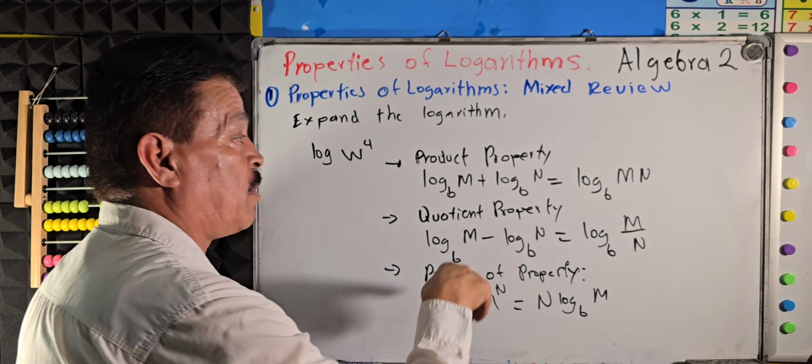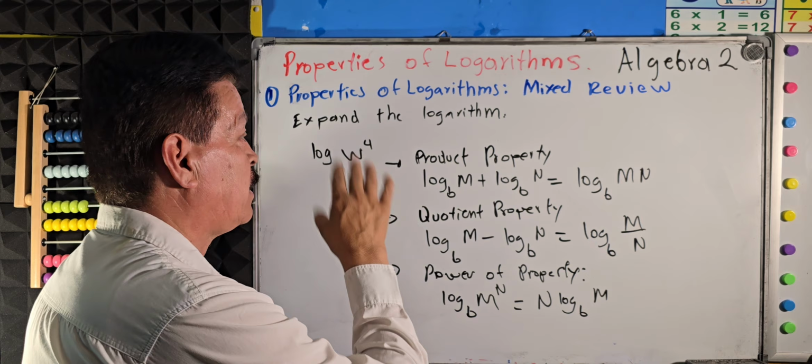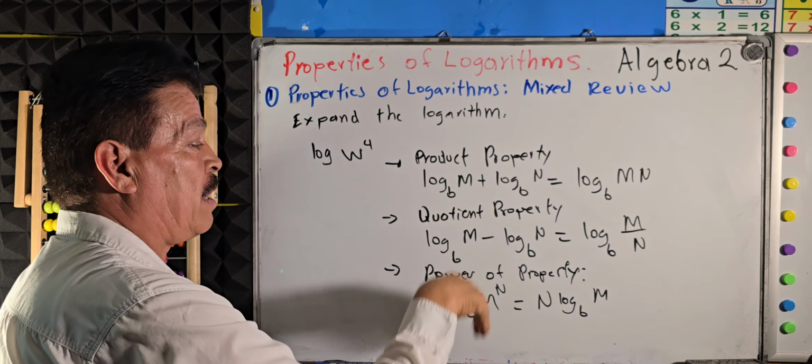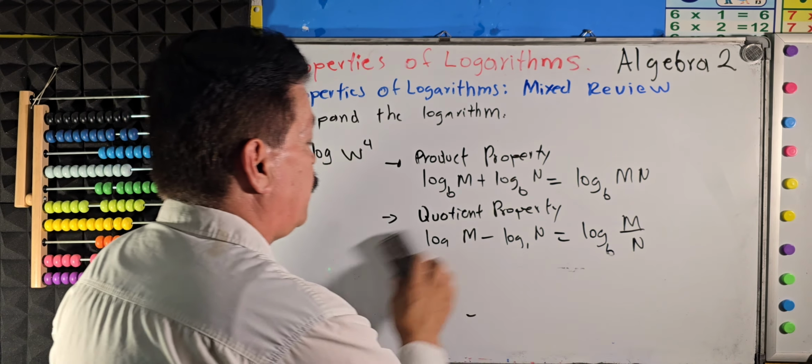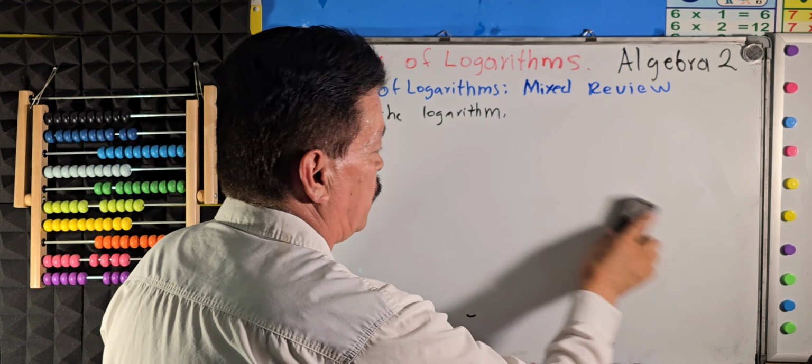So we are going to work with these properties. We are going to review them in examples like this problem. Okay, we are going to apply some properties to solve this problem. Let me tell you something a little bit more.